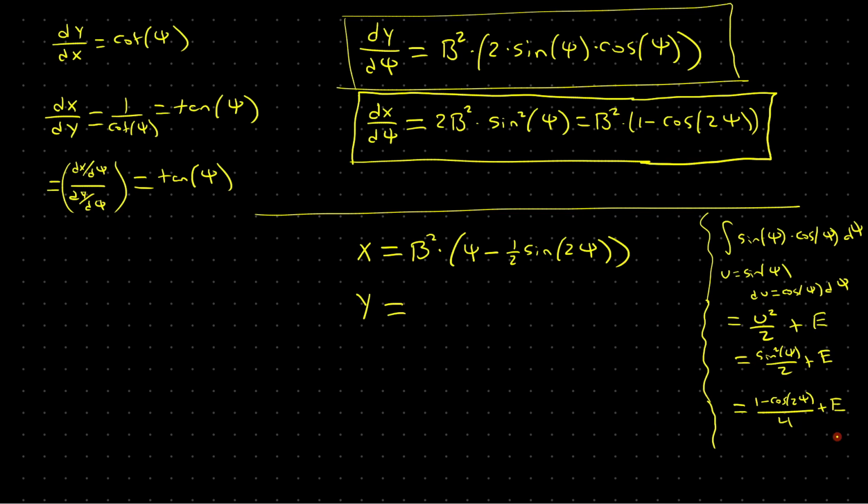And when we plug this into this expression right here, you have 2 times this entire integral, which means that we get b squared times 1 minus cosine of 2 psi. We're dividing by 4 here. We have a 2 right here though, so we have b squared over 2, and then plus some constant of integration g, where this g is e times b squared.